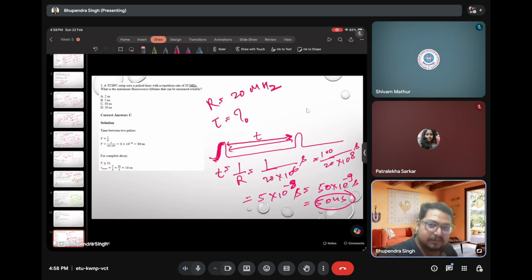If you remember, the exact value of the time window is 4.6 times the lifetime. So let's say if the lifetime is 1 nanosecond, then you have to set the time window to collect the lifetime to 4.6 nanoseconds.